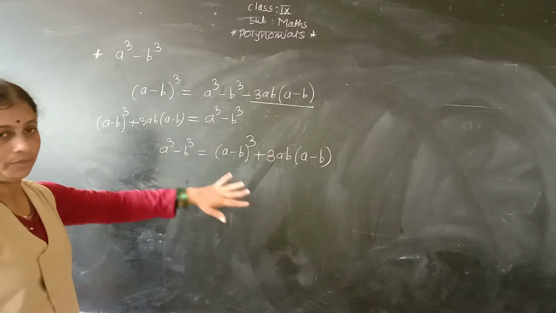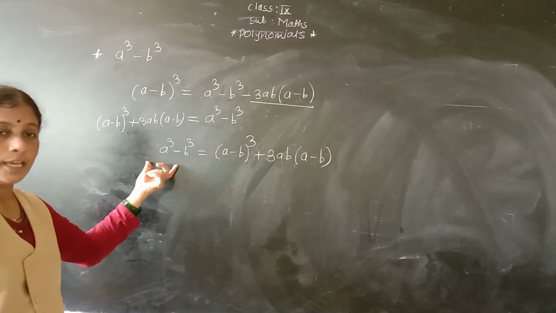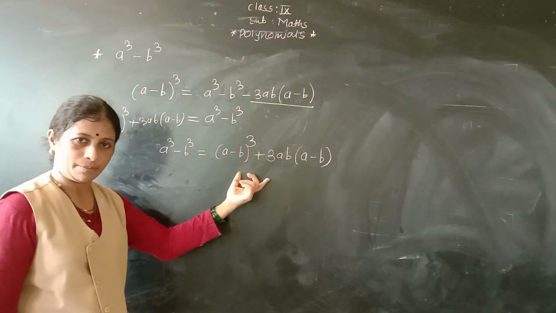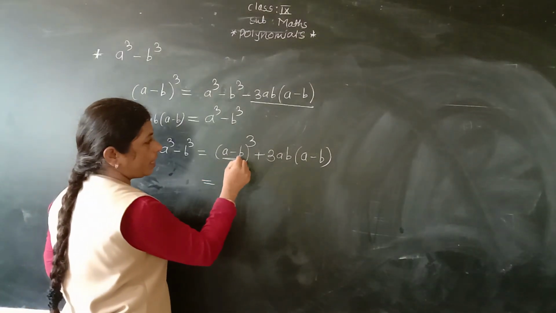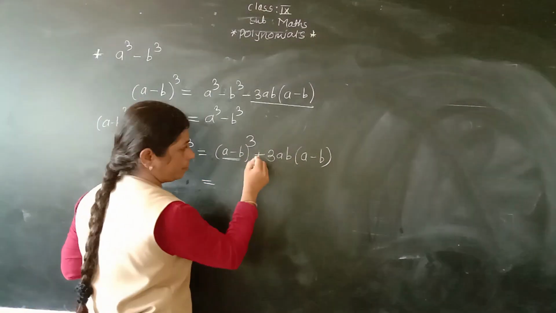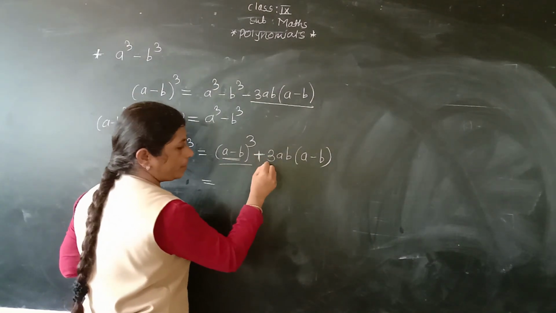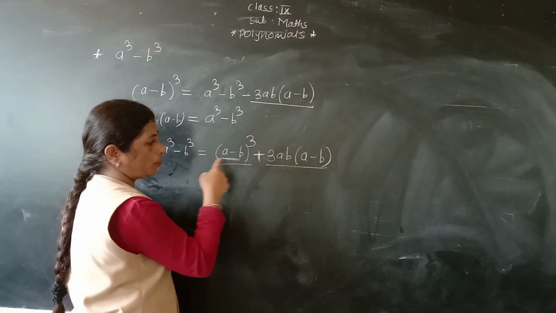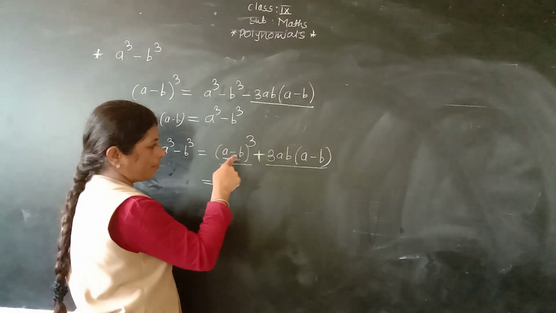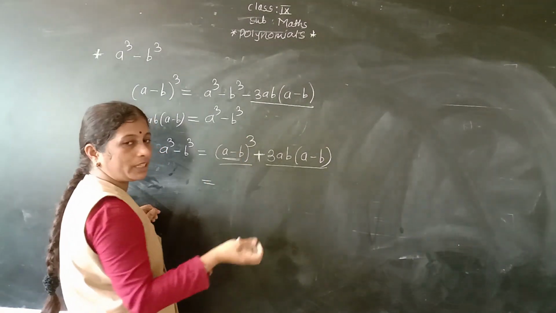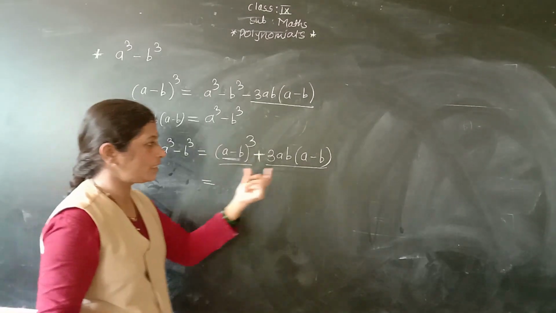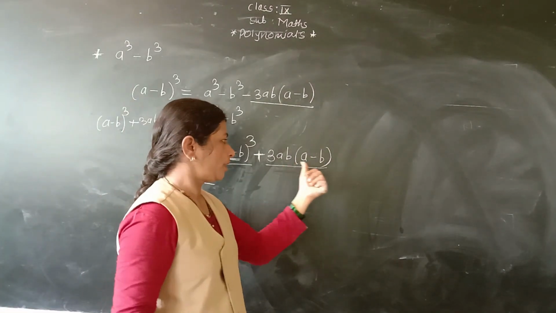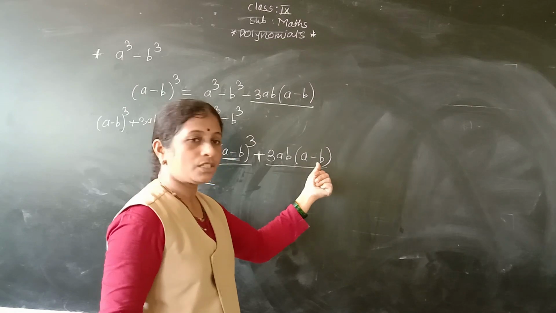Again we will see a different type of expansion for this a cube minus b cube using the same. Now see, we can do it directly. A minus b appears how many times here? 3 times, in a minus b bracket cube. And in the other term, a minus b is 1 time.